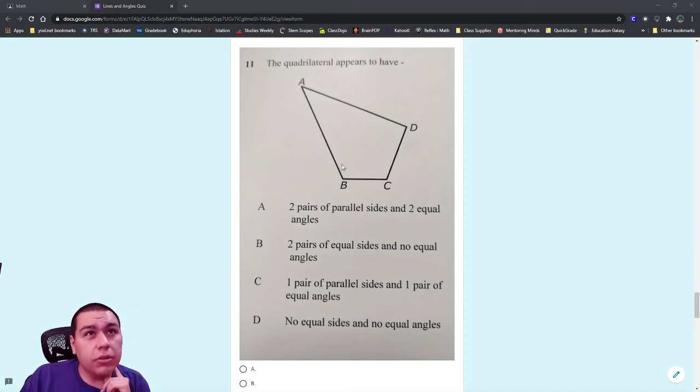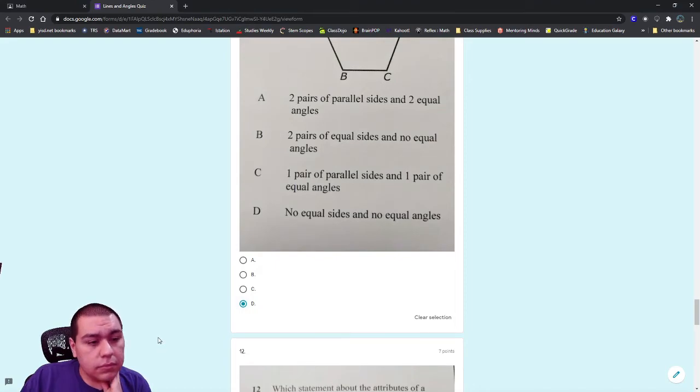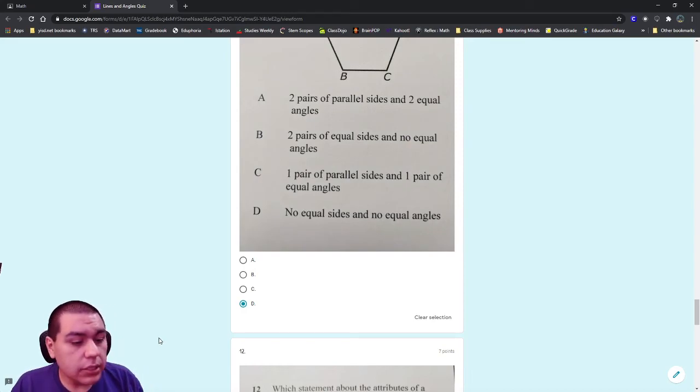So even if I look real carefully, if I were to take a ruler here and measure these 2 sides that look like they're longer, this side AB is just a little bit shorter than line AD. So there were no equal sides here. And no equal angle. Yes, Nakai.